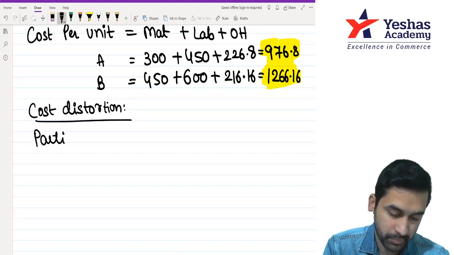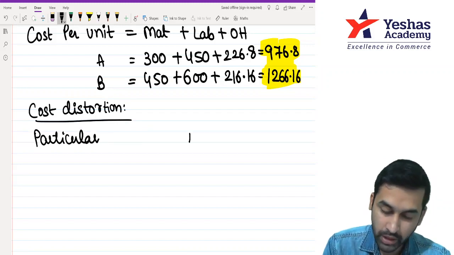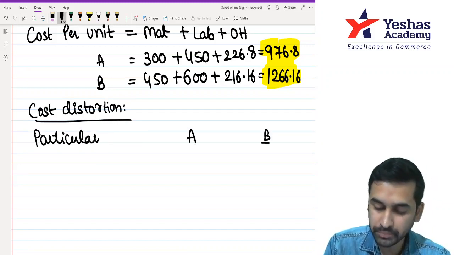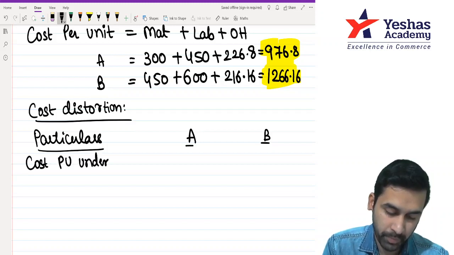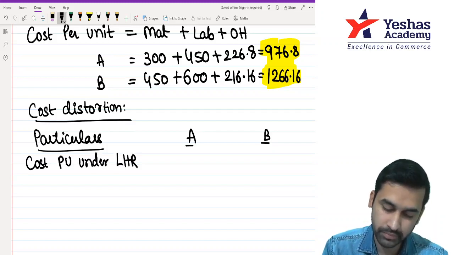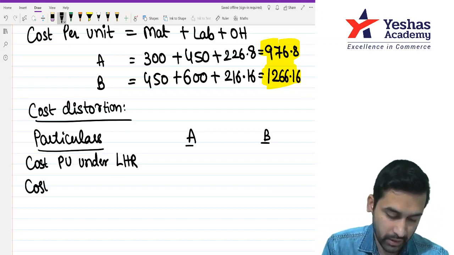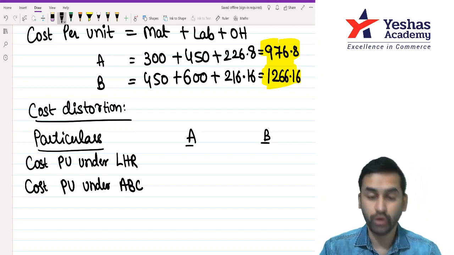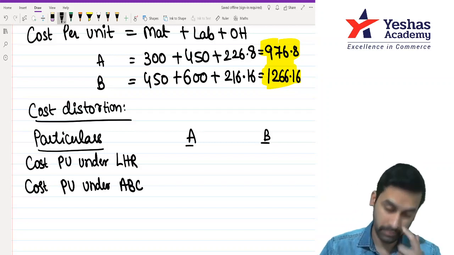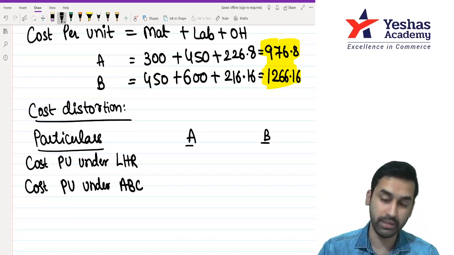Particulars: A and B. Cost per unit under LHR. Next line, cost per unit under ABC.